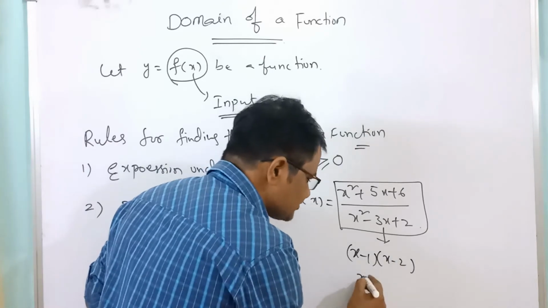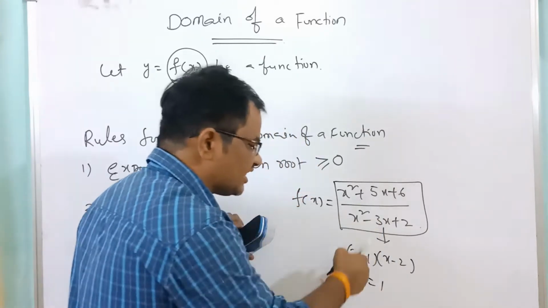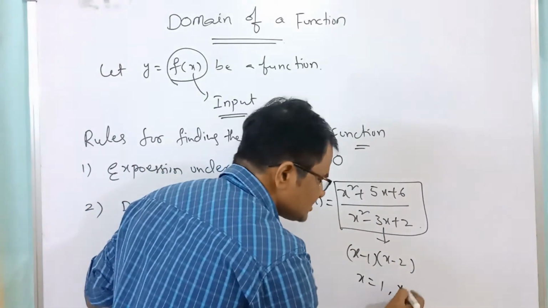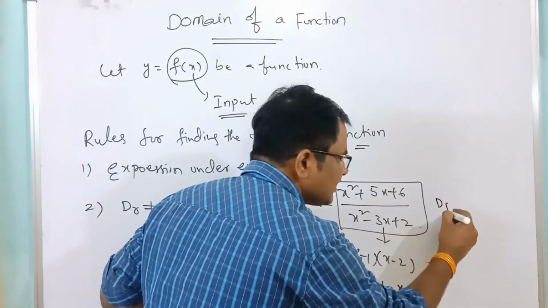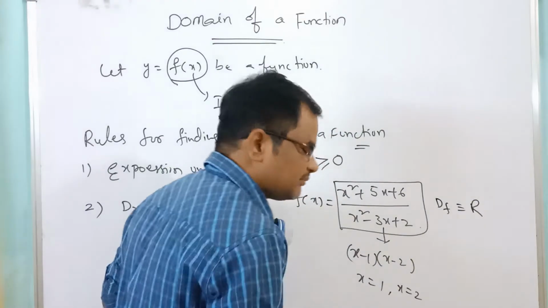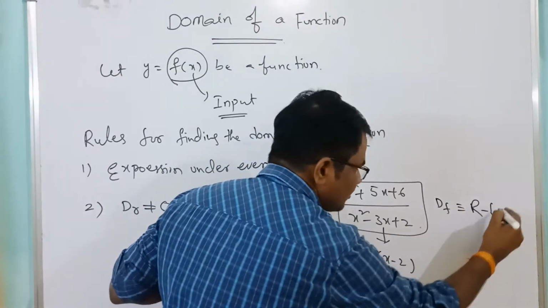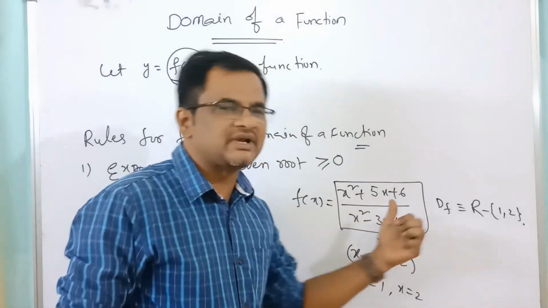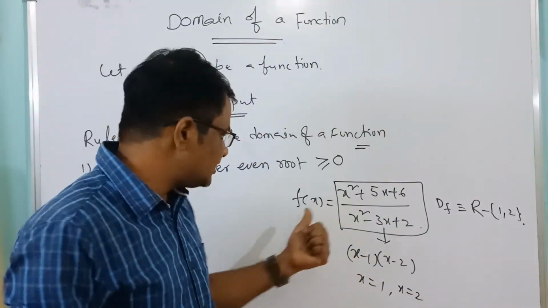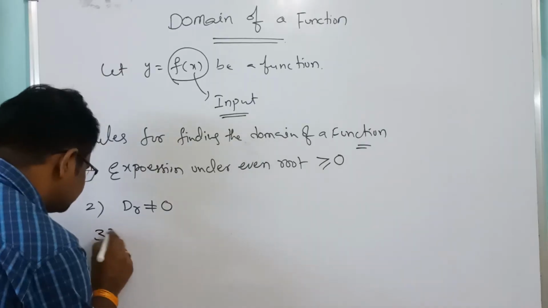If you substitute x equal to 1, the denominator is 0. If you substitute x equal to 2, the denominator is 0. So the domain of this function is all real numbers except 1, 2. Except these two, any real number in place of x you can substitute, then this function exists.